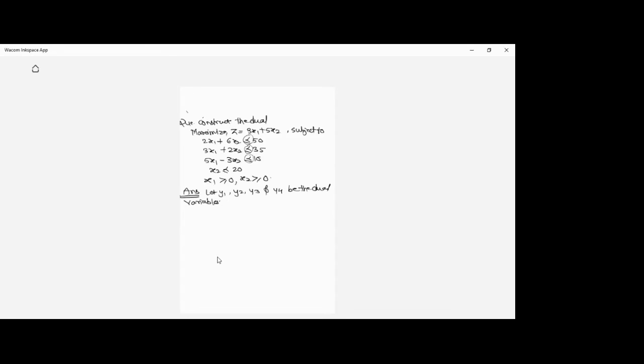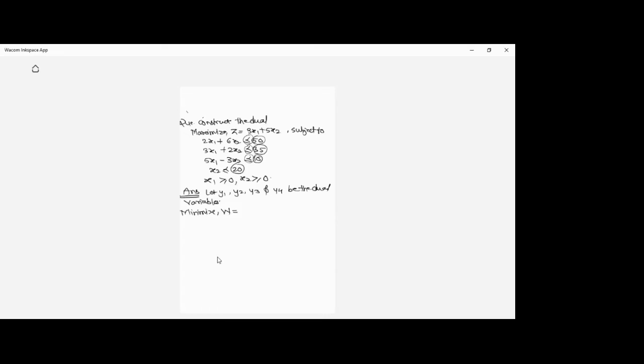All right. Now in primal it is a maximization, so in dual it will be a minimization. For maximization it is z, and for minimization I'm putting it as w. Right. Now the coefficients of the objective function in your dual will be the RHS of your constraints, right?